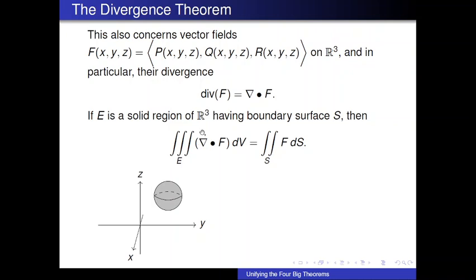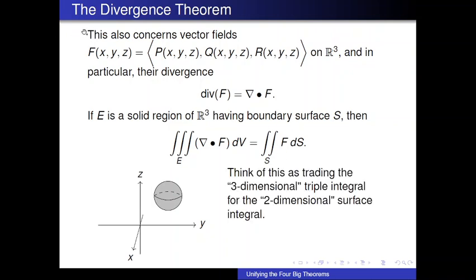So again, here we have this derivative type operator being applied to our vector field f on the left side of the equation, and doing a triple integral of that gives us something that instead we could trade for an integral of one dimension less of just the original vector field f. So we think of this one as trading the three-dimensional triple integral for the two-dimensional surface integral.